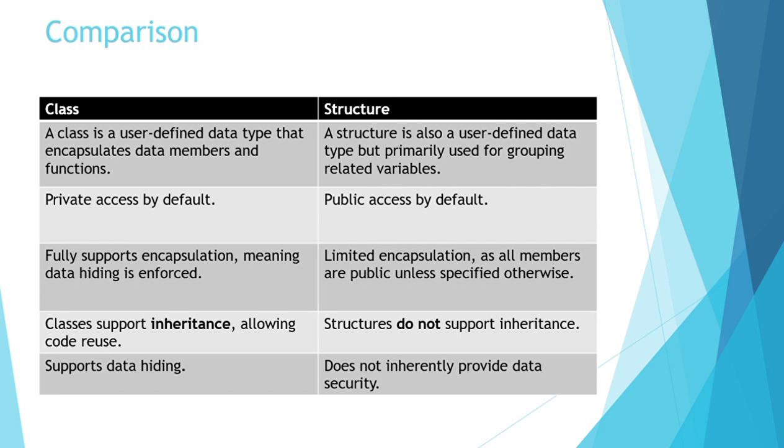Classes fully support object-oriented programming principles like encapsulation, inheritance, abstraction, and polymorphism. Accessing members: in structures, variables can be accessed directly using the dot operator. In classes, private members can only be accessed through public member functions, getters and setters.